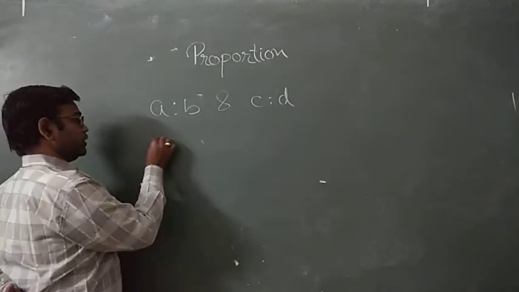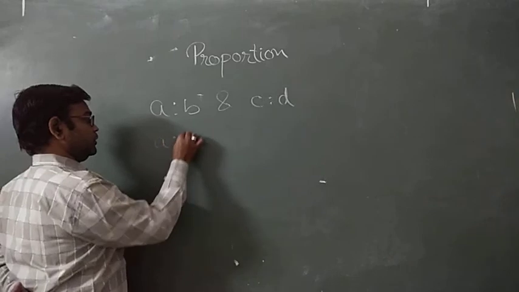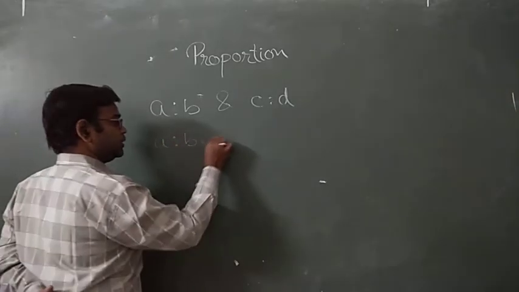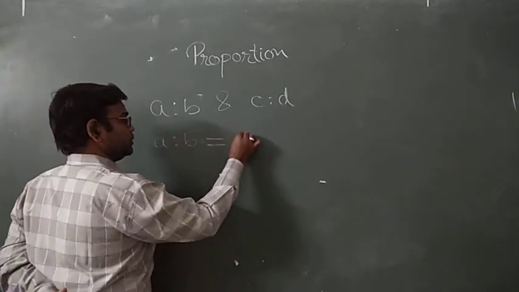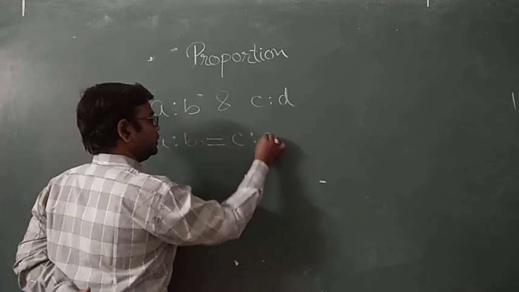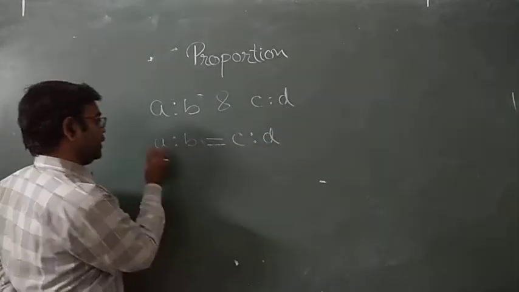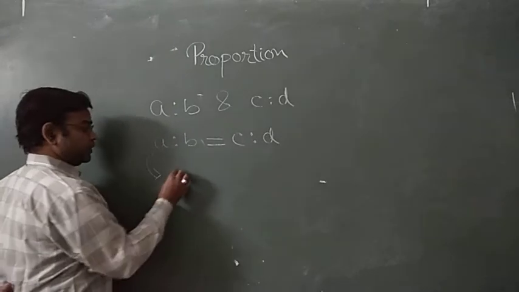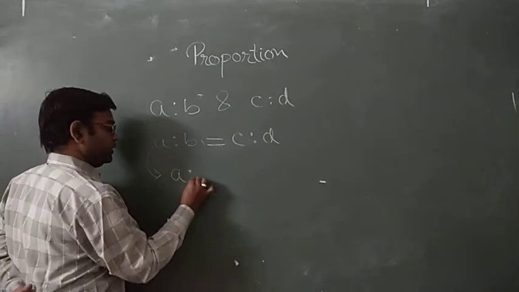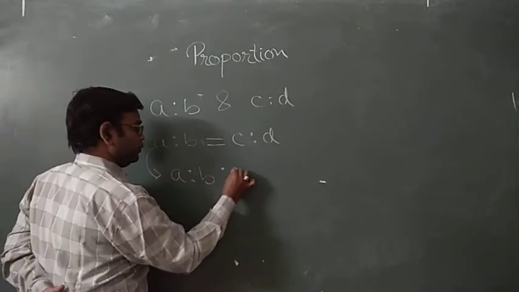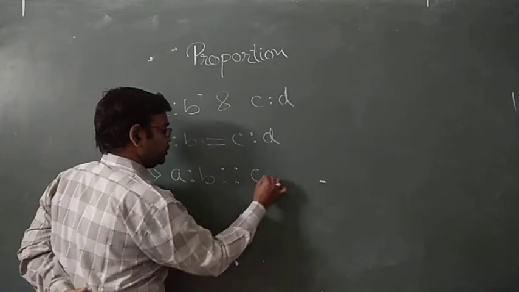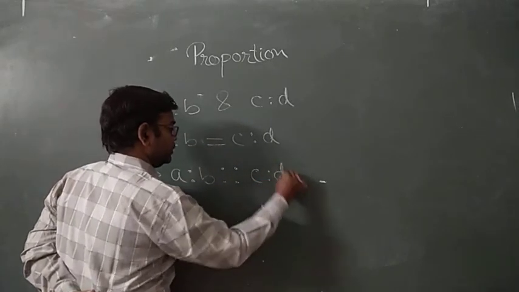These two ratios are equal means A ratio B is equal to C ratio D. So this condition is known as proportion, and we can write this condition as A ratio B proportion to C ratio D.